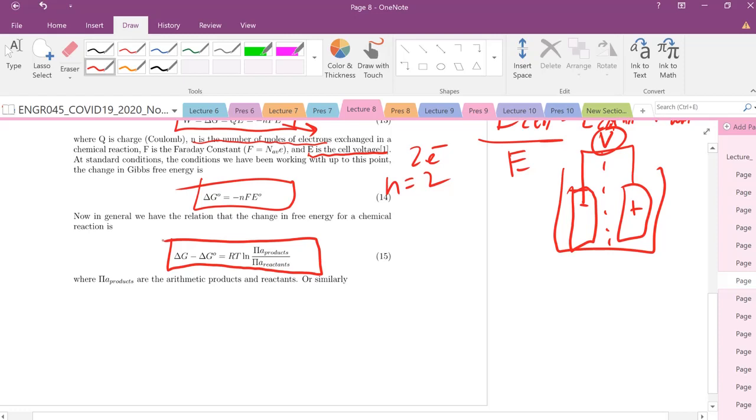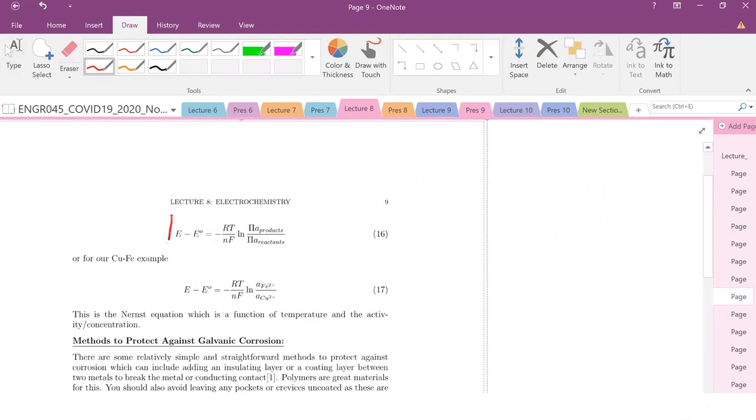Our change in free energy is going to be the initial standard temperature and pressure value, which is just plugged in up here, plus the log of the activities of the products over the reactants. So let's go to the next page. Here, we just plugged in from that previous expression our E naught, or your standard temperature and pressure conditions. But this is the equation that we want to look at and deal with.